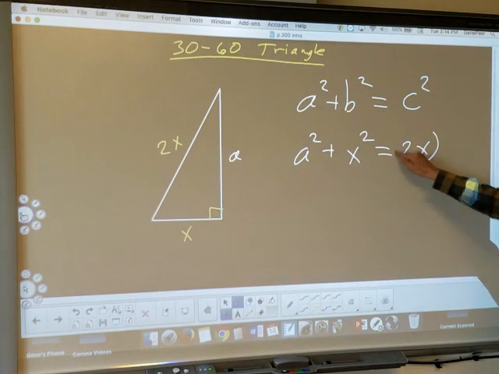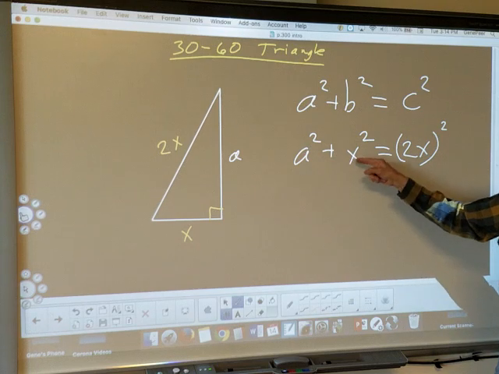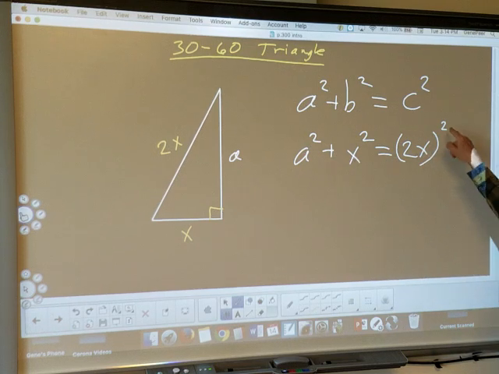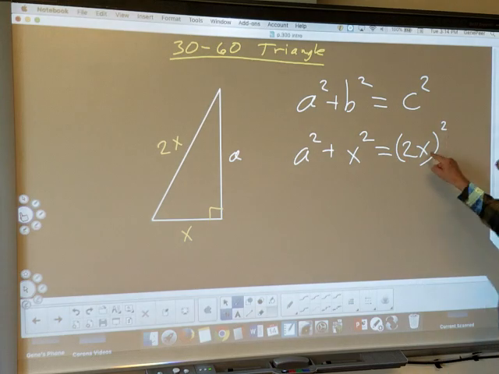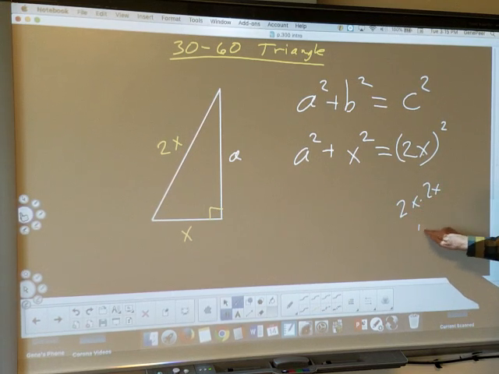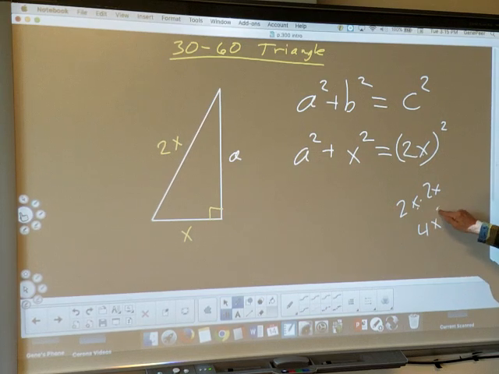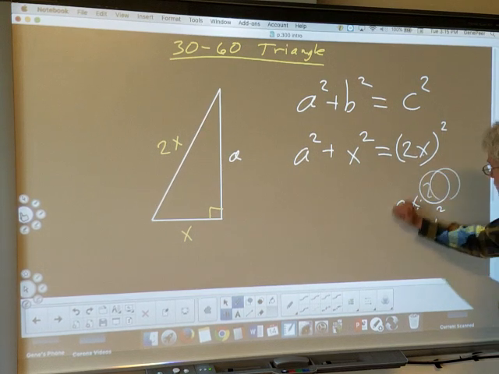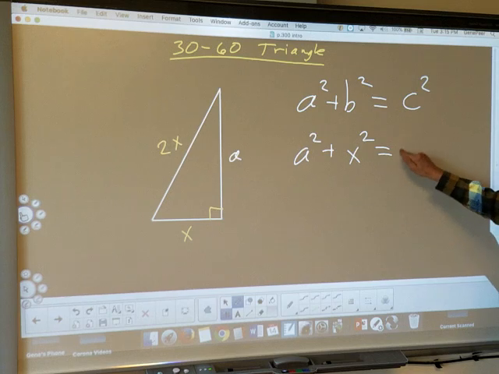And I've got to square the whole thing. a squared plus b squared equals c squared. Let's simplify this. What's 2x squared? 2x times 2x. That would be 4x squared. Right? So I'm just going to erase this and call it 4x squared.